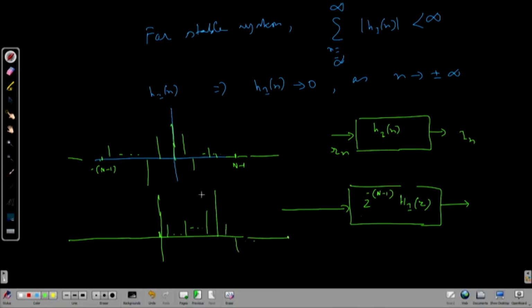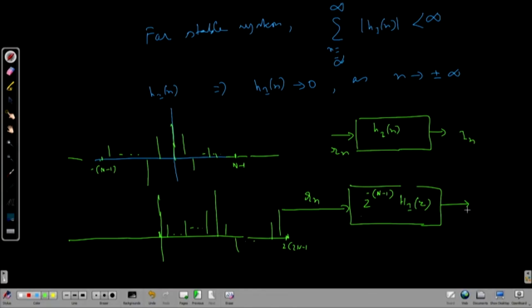It will go up to just twice N minus 1, but this is a causal system. So if I construct this filter, there is no problem with my practical realization, because it will be causal.